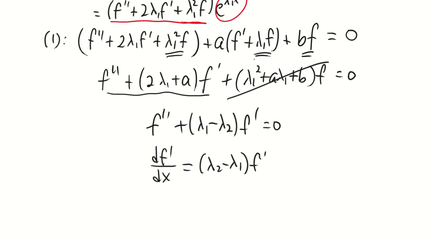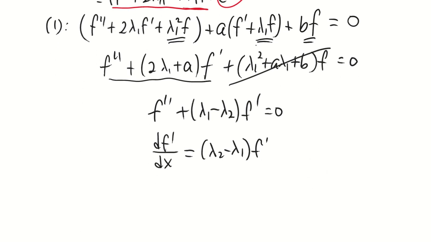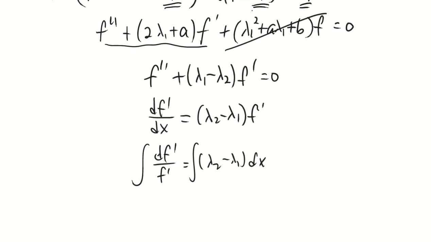Now, this is a differential equation which is variable separable, so we can bring f prime here and then take the integral of lambda 2 minus lambda 1 dx, and this is the natural log of the absolute value of f prime equals lambda 2 minus lambda 1 x plus a constant c.